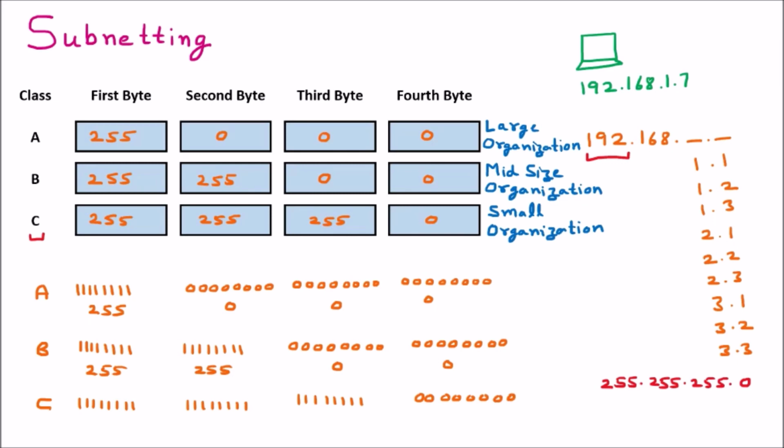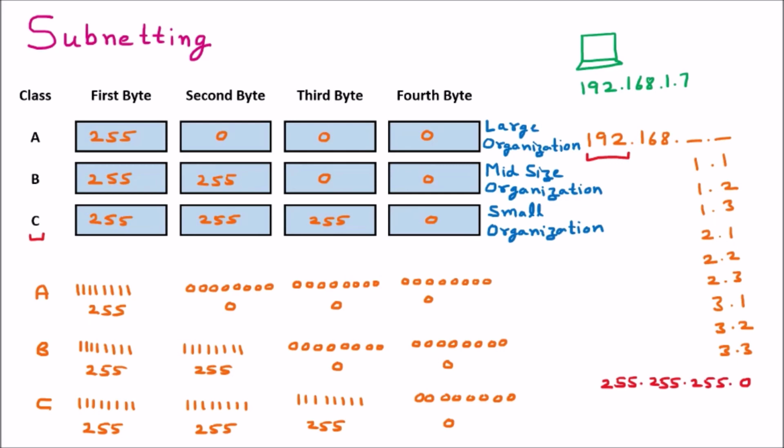Now if we are converting to the decimal notation, the dotted decimal we have is 255.255.255.0. So above we have the binary and at the bottom the dotted decimal notation. So this way the subnetting is done.